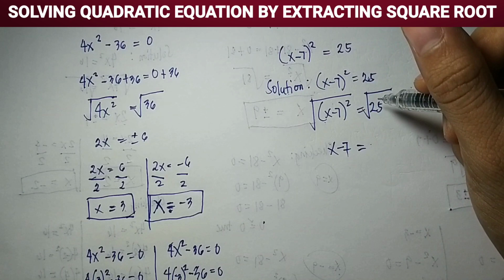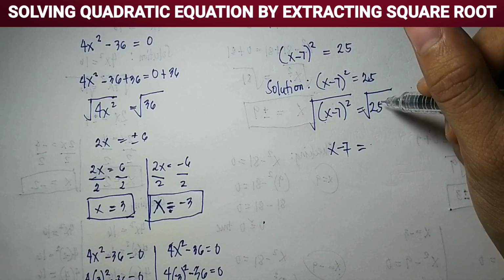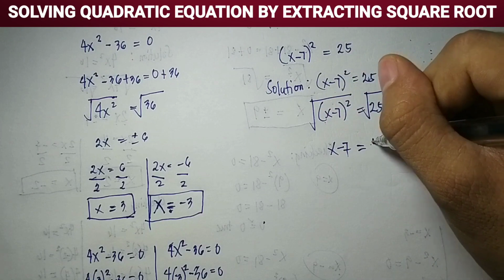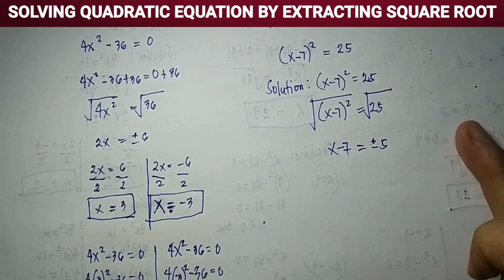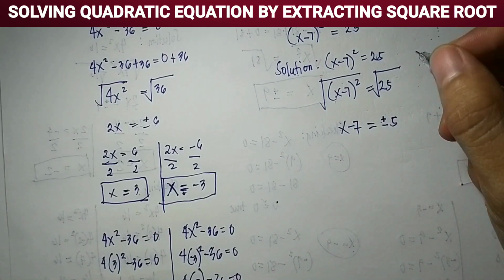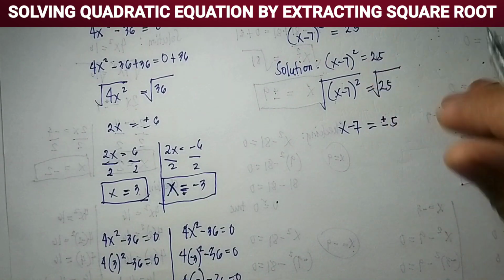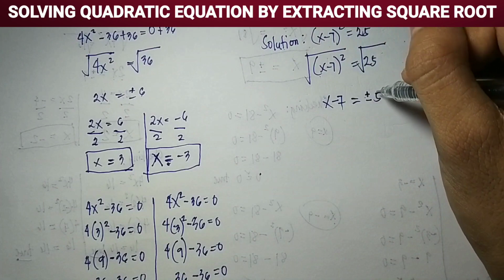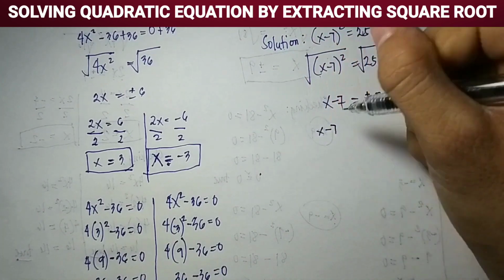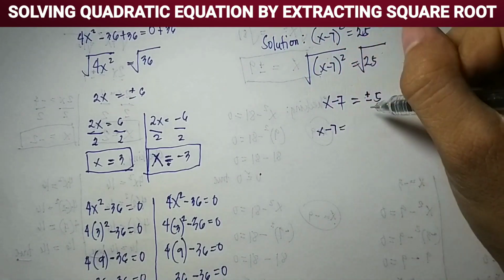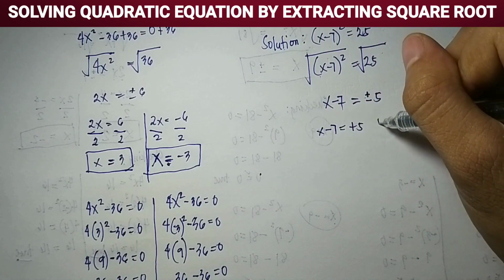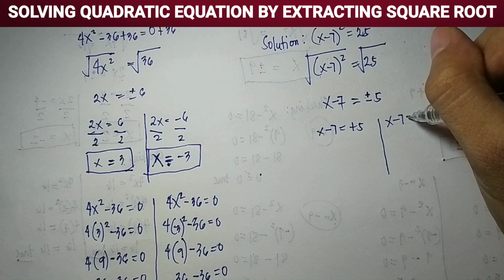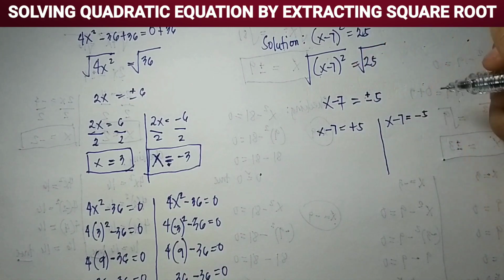Unya kini, square root of 25, that is positive or negative 5. So parehas atong gibuhat gaina, atong i-solve na ang value sa x. We have x minus 7 equals positive 5 ang unahon nato. Unya ang isa, x minus 7 equals negative 5.